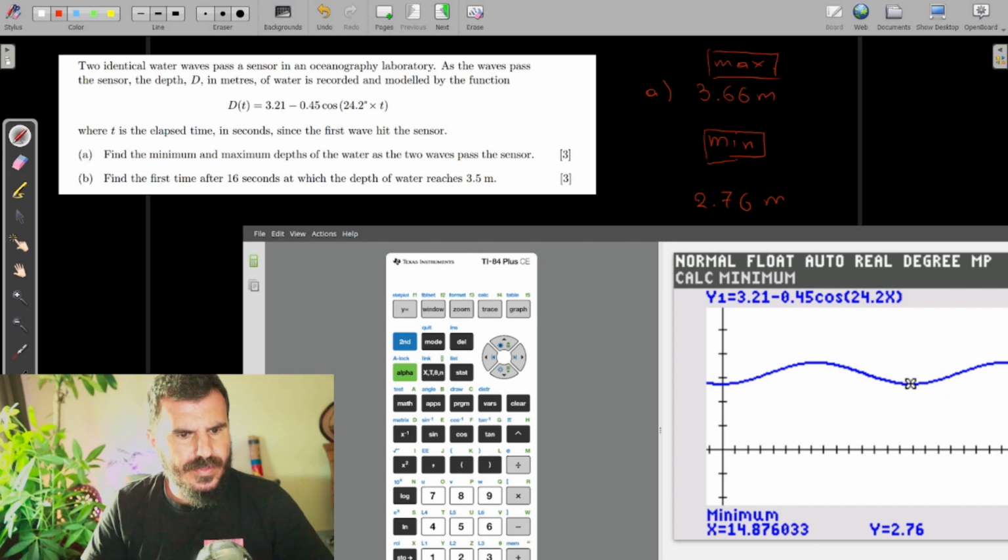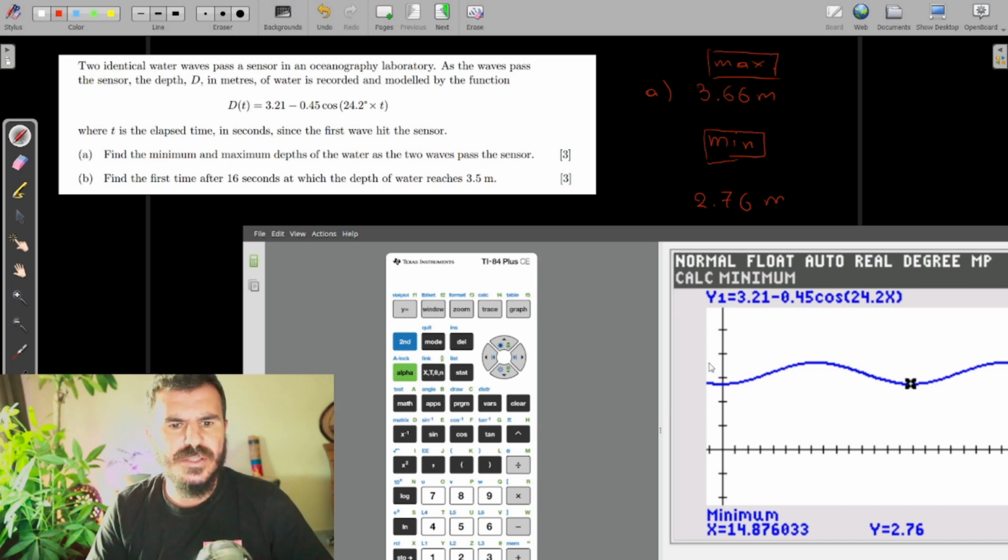Now how about B? B says find the first time after 16 seconds at which the depth of the water reaches 3.5 meters. Now basically what do they ask me here?